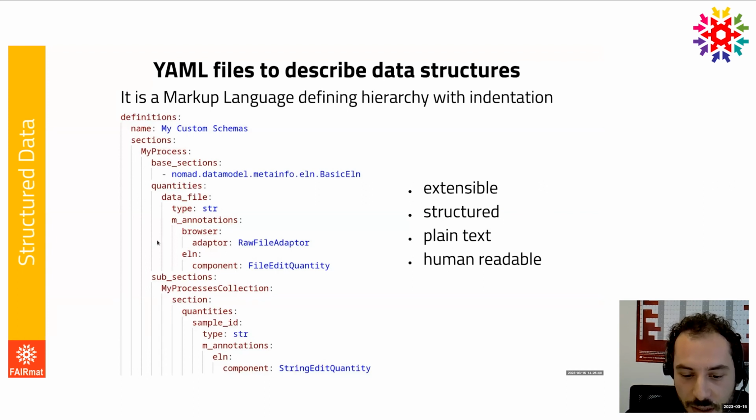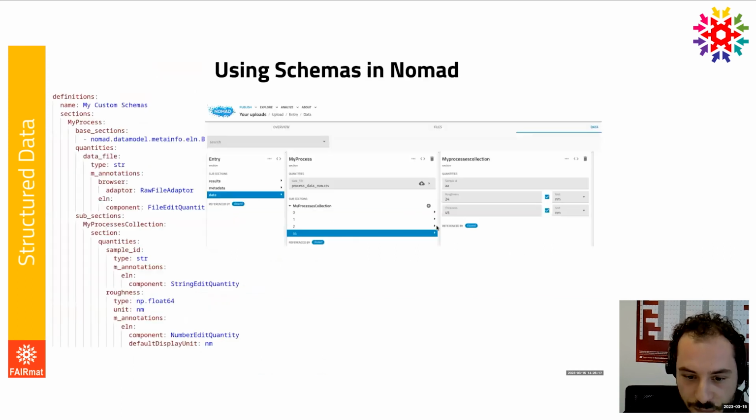These lines that you see here are just due to the editor that I used, but this is plain text, and the indentation actually has a meaning. So YAML in general has the advantage of being human readable and easy to write. That's why we are trying to write our own schemas with this file format. As Hampus will show later, such YAML files can be written and uploaded in NOMAD to get a custom configuration of our ELN.